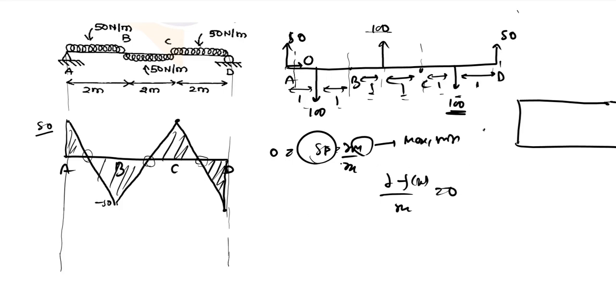That is how you do it in calculus. Similarly, if you want the moment to be maximum or minimum, you differentiate it and set it equal to 0, and this dM by dx is nothing but shear force. So in order for the bending moment to be maximum or minimum at any point, the shear force at that point should be 0.